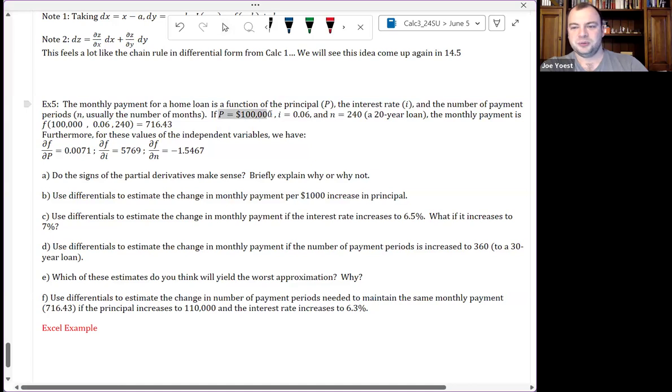If we take a principal of $100,000 at an annual interest rate of 6%, and a 240-month term, a 20-year loan, the monthly payment we get by plugging those numbers into a function we'll just call f turns out to be $716.43.